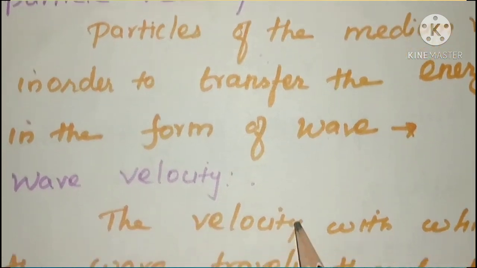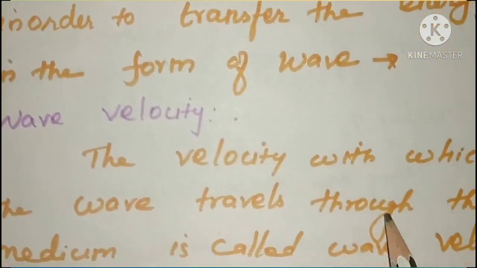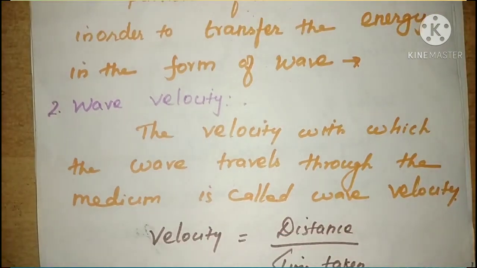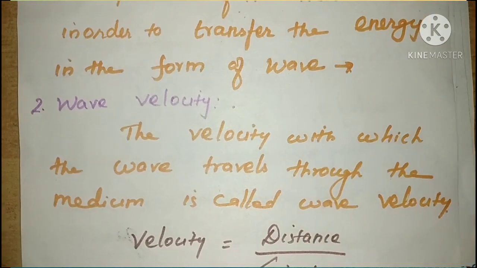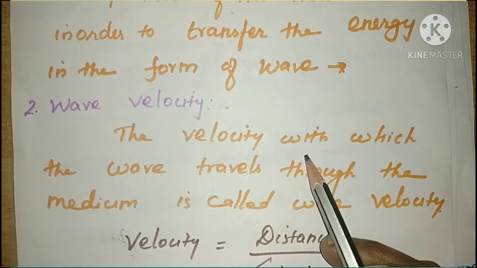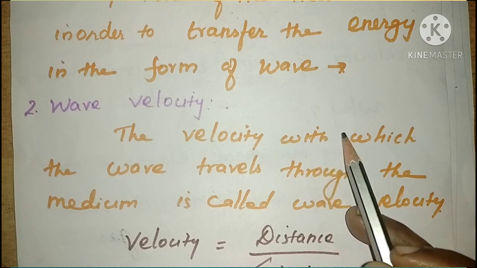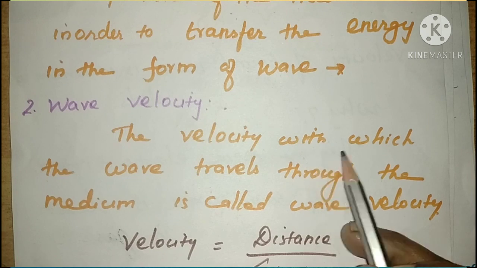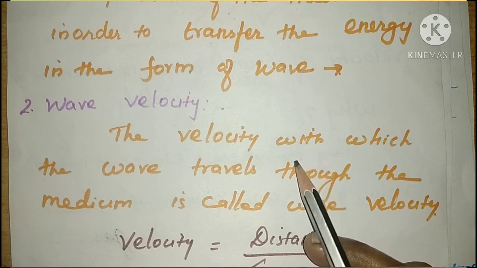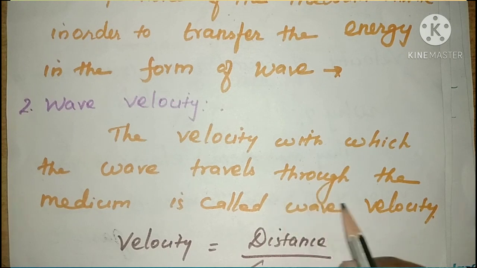The second one is wave velocity. The velocity with which the wave travels through the medium is called the wave velocity. After vibration, the energy travels in the form of a wave, and how much speed the wave has, that is the wave velocity.